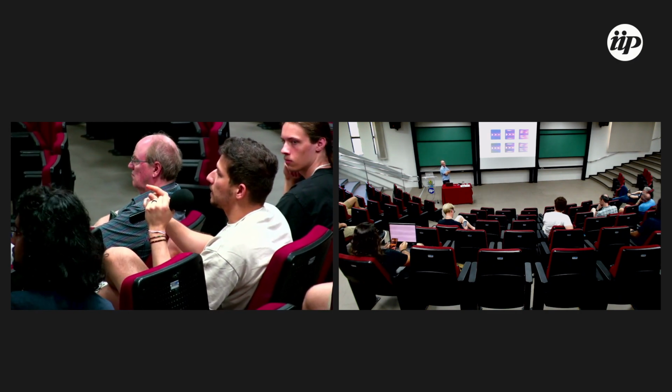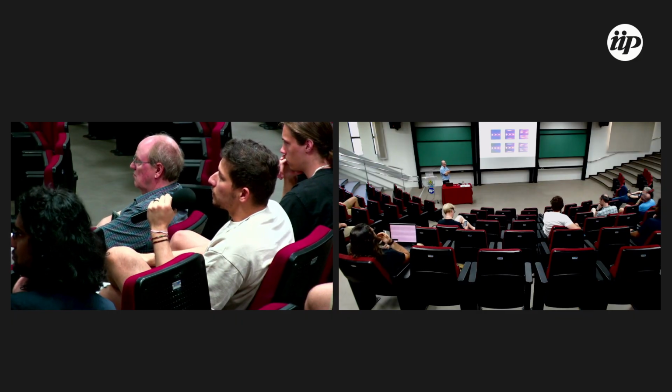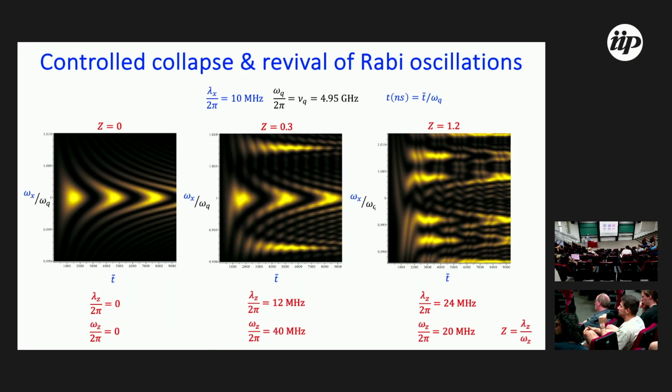For example, what is the minimum gap between them that you need in order for this theory to be valid? So those are the numbers we have, right? The qubit frequency is like 5 gigahertz, and then omega z, it depends. Here it's 0, so there's no drive.